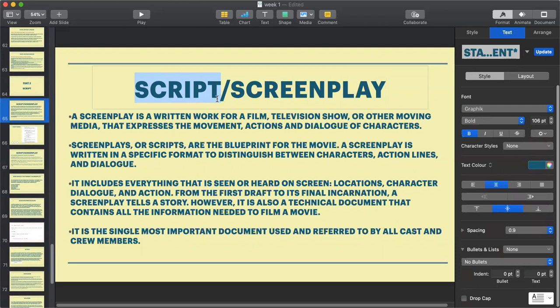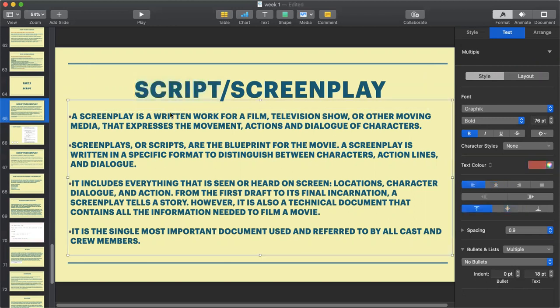Screenplay is particularly writing something for a film or a television show or a game or any other moving media. So a screenplay is a written work for a film, television show, or other moving media that expresses the movements, actions, and dialogues of the characters.